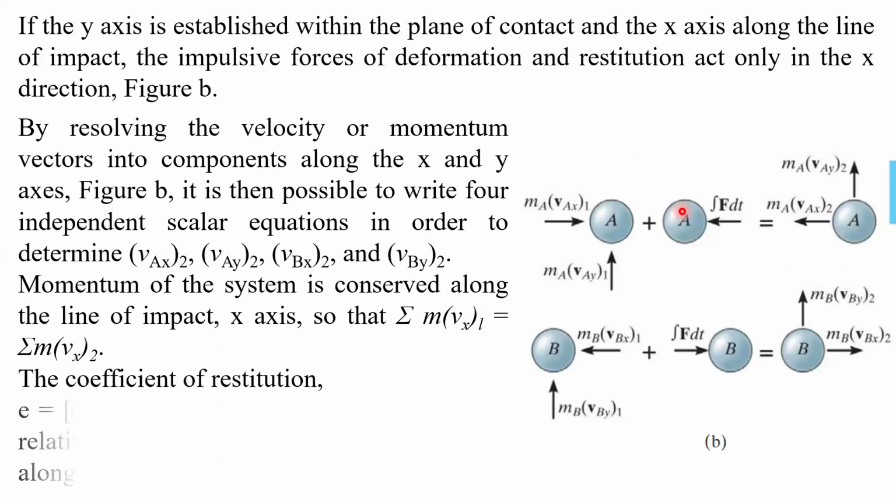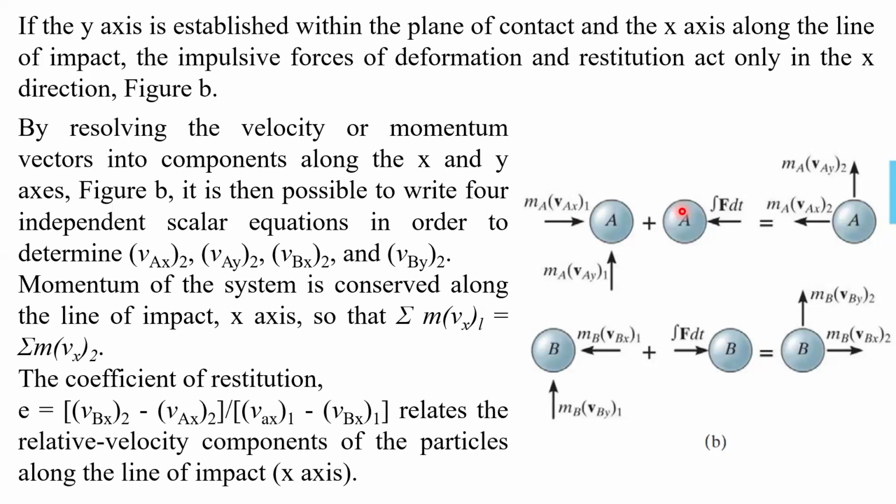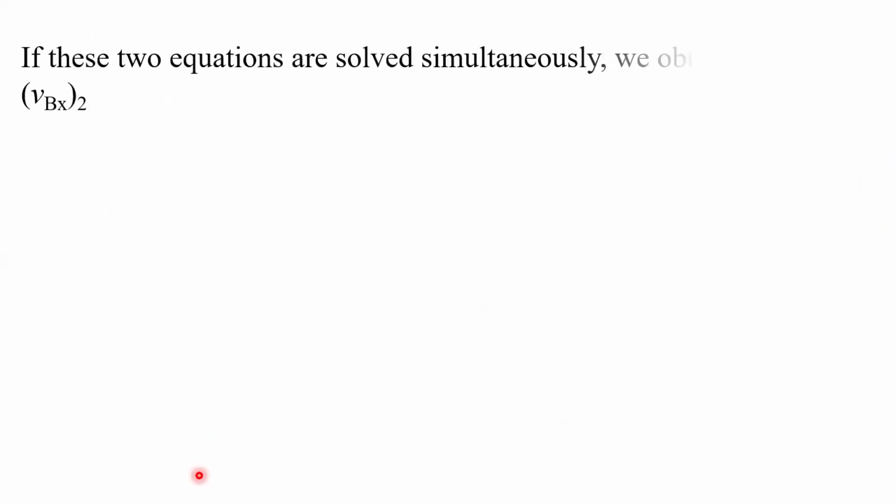The coefficient of restitution will now be VBX2 minus VAX2 over VAX1 minus VBX1, which relates the relative velocity components of the particles along the line of impact, that is along x-axis.